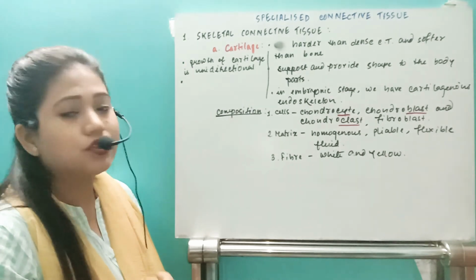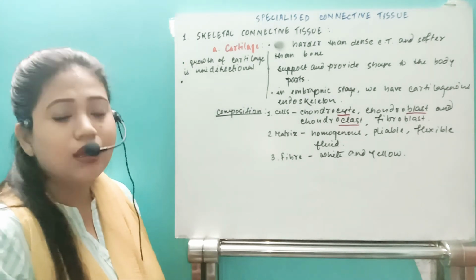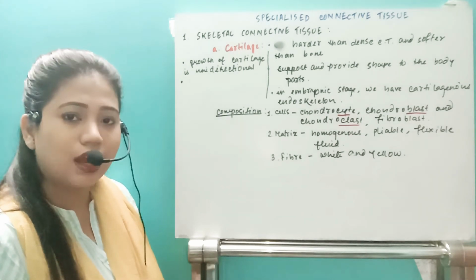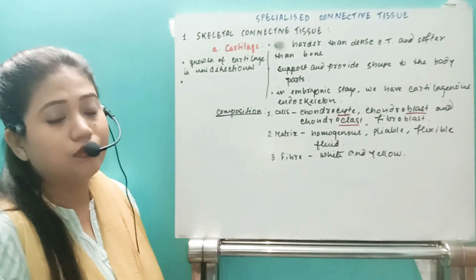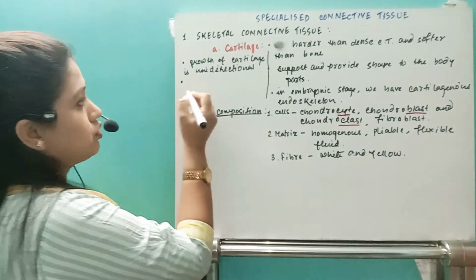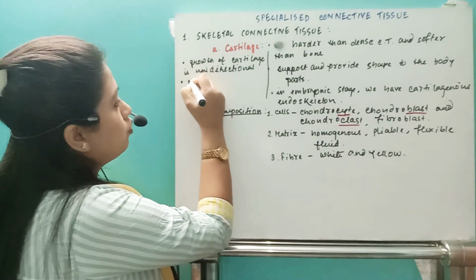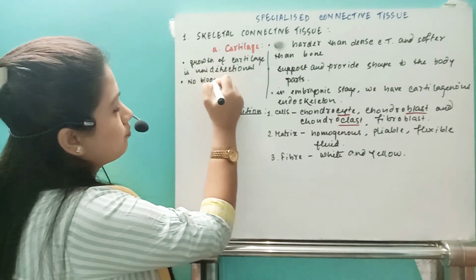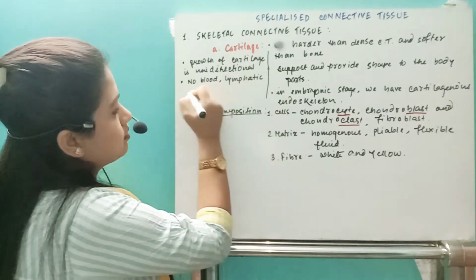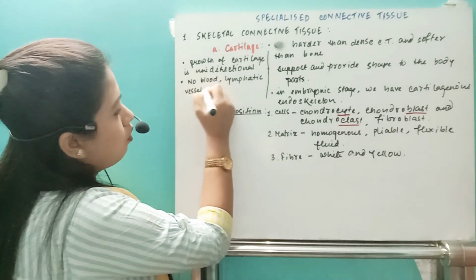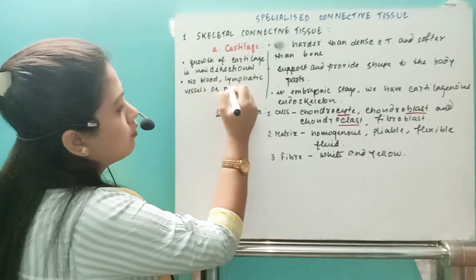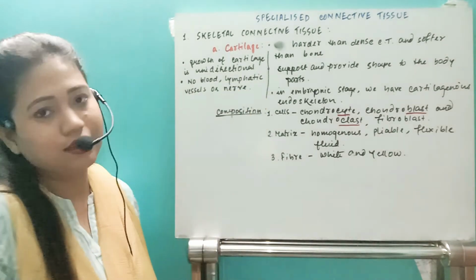So the cartilages will not have any blood supply, lymphatic vessels will not be allowed to enter into the cartilage, and even the nerve supply will be restricted. So you need to know that no blood vessels, lymphatic vessels, or nerves are present in the cartilage.